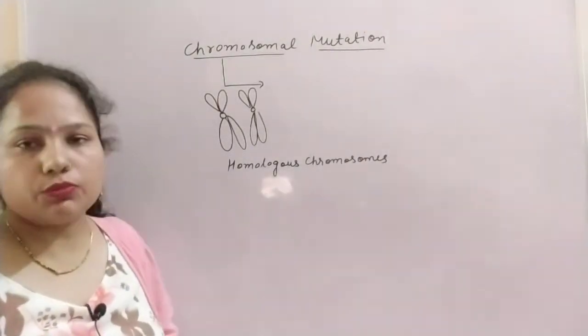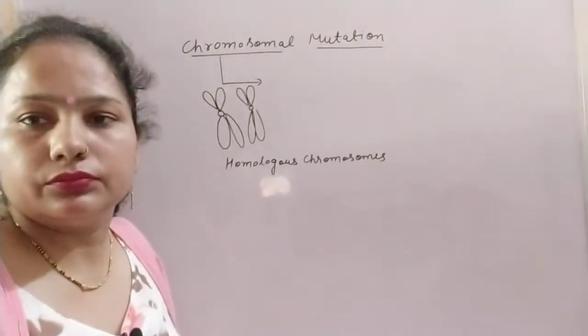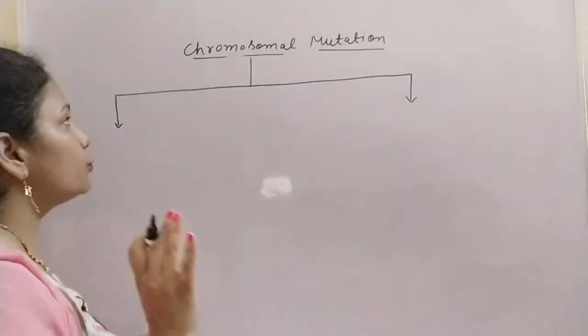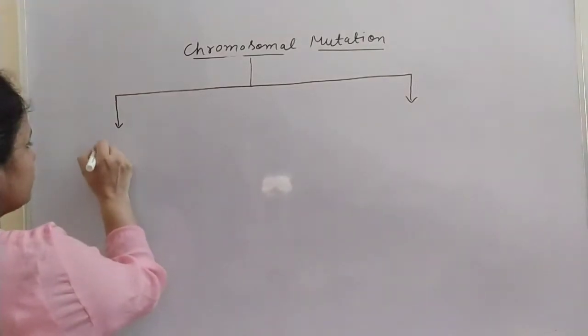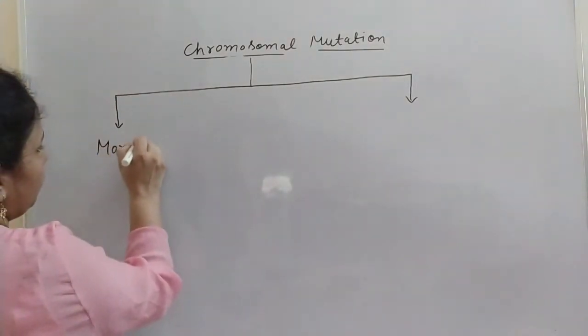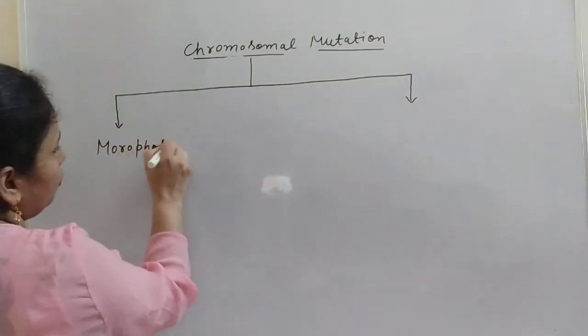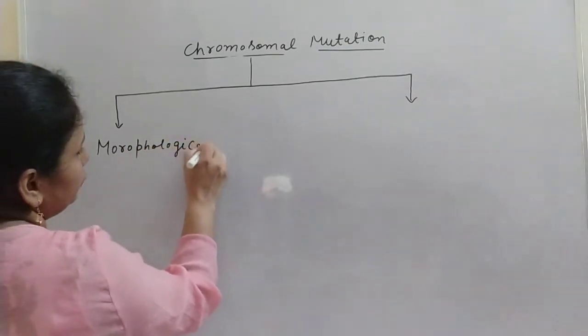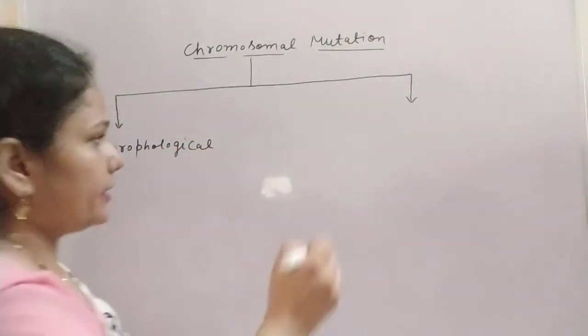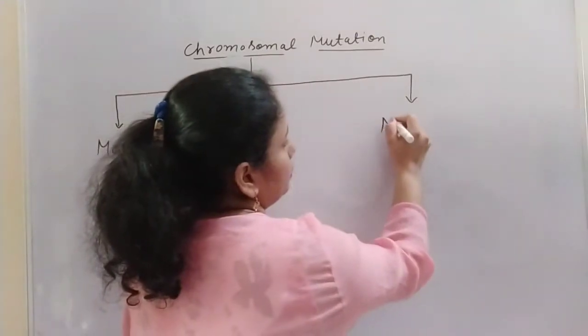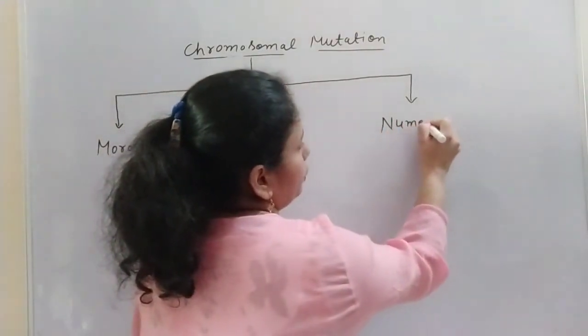So in chromosomal mutation, it is of two types. First, that is the morphological mutation, and second is the numeric mutation.